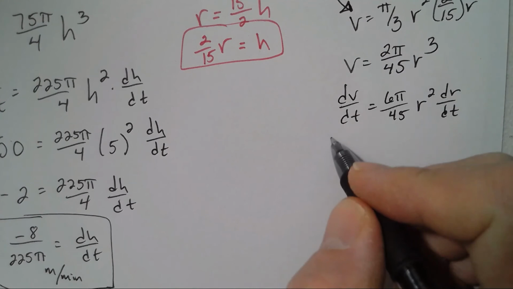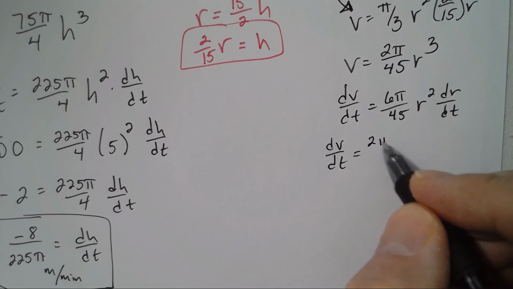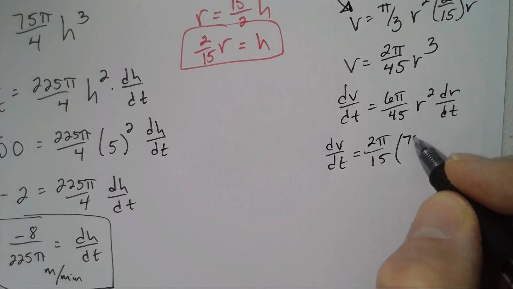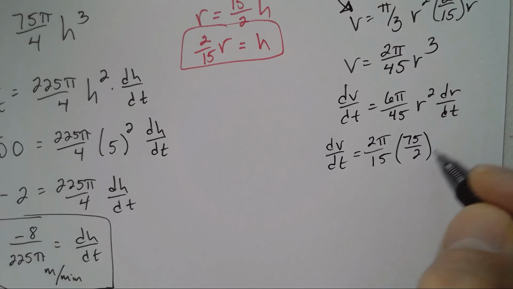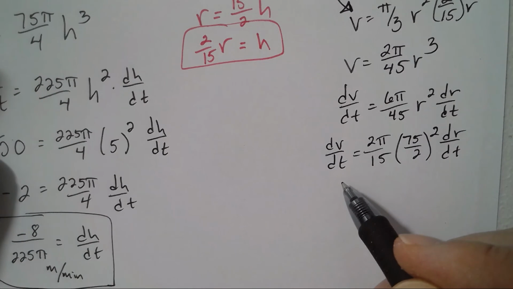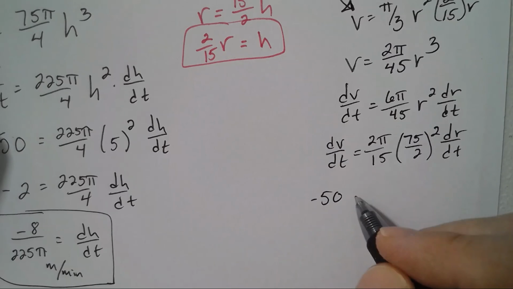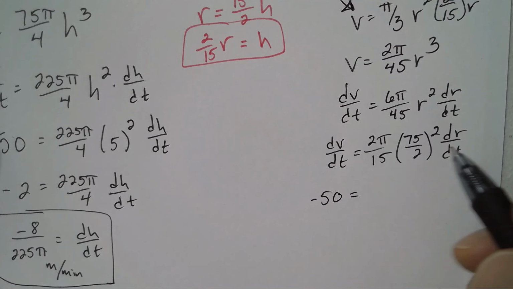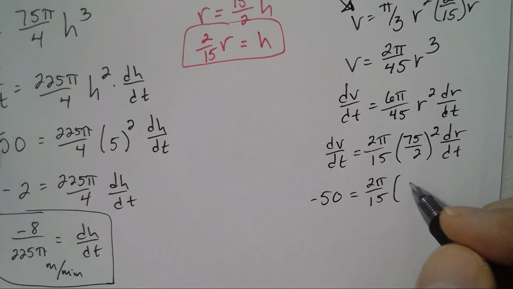So dV/dt equals 2 pi over 15 times 75 over 2 squared times dr/dt, and we know that dV/dt is still negative 50. So negative 50 equals 2 pi over 15 times that big number times dr/dt.